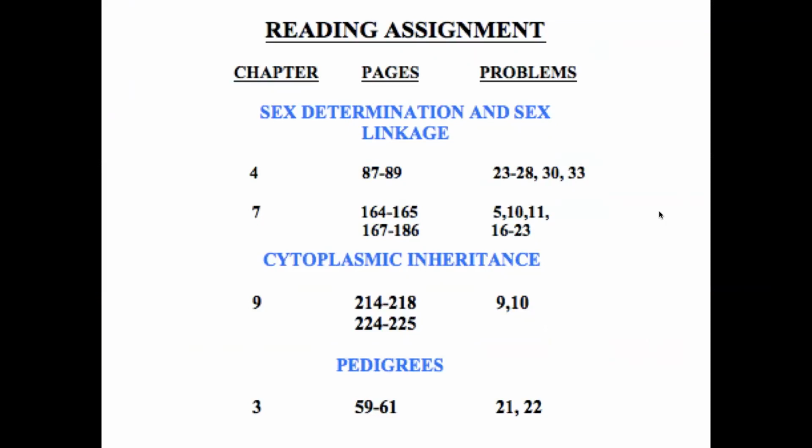If you have a gene that falls on either of those chromosomes, it is going to be transmitted to progeny, and the traits controlled by those genes are going to be transmitted in a non-Mendelian fashion.